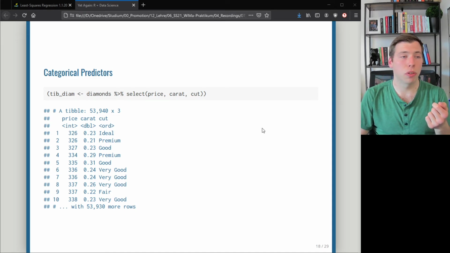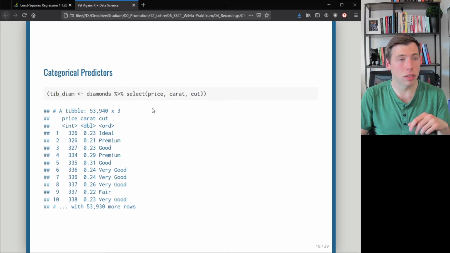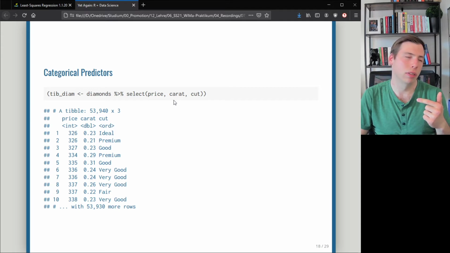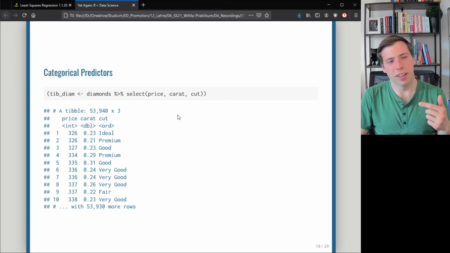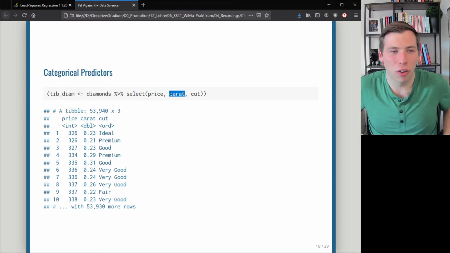For example, if you look into the diamonds dataset, which comes with the ggplot2 package, there you can look at this table here, where I only select the variables price and carat. How is that pronounced in English? Is it carat? In any case, it's the weight of the diamond and it drives the price. So this is a really influential variable.